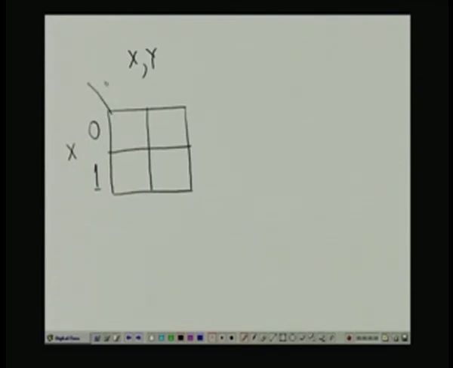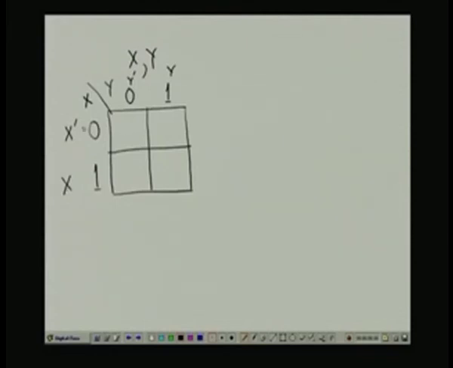So if we put y here and x here, then just now what we have seen, this is my y bar, this is my y, this is my x bar, this is my x.